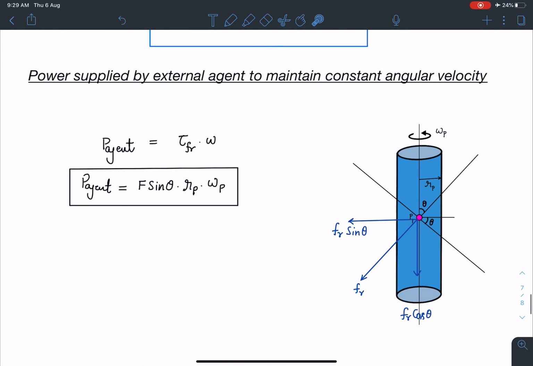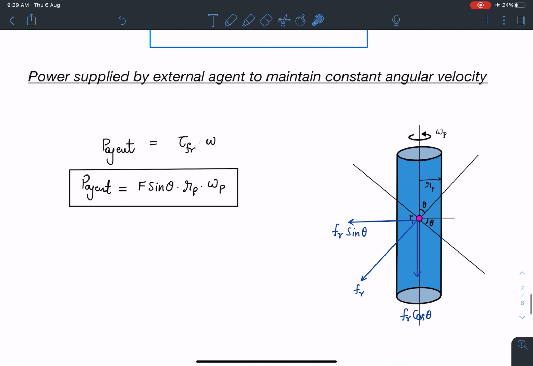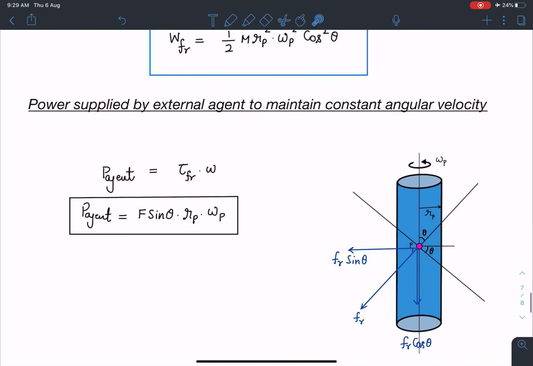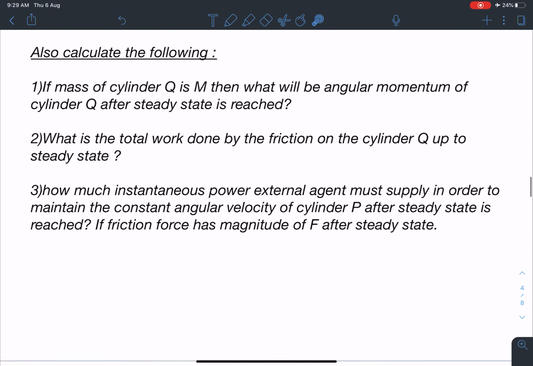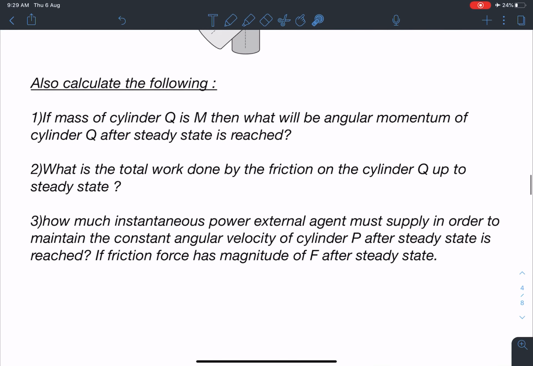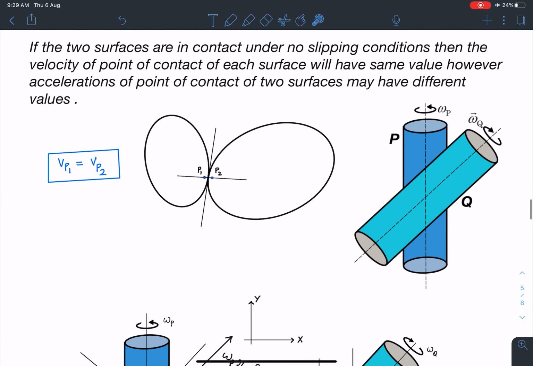All the parts have been done. I hope you have understood this question and you have enjoyed it, because the most important part here was how to apply this condition of no slipping in such a situation. So that's the reason I said this question is quite different from the regular ones.